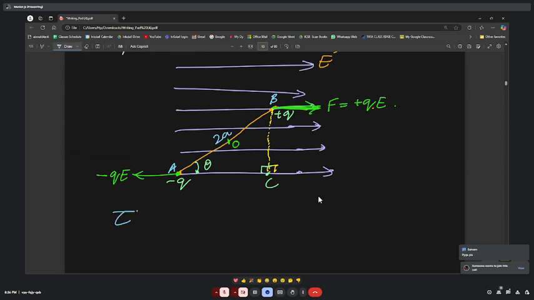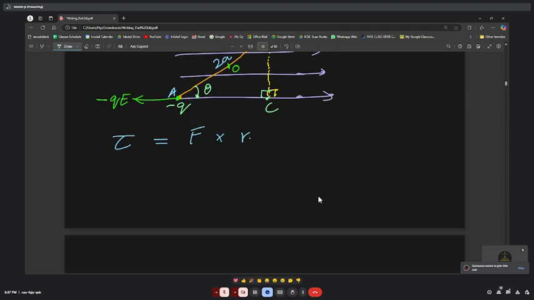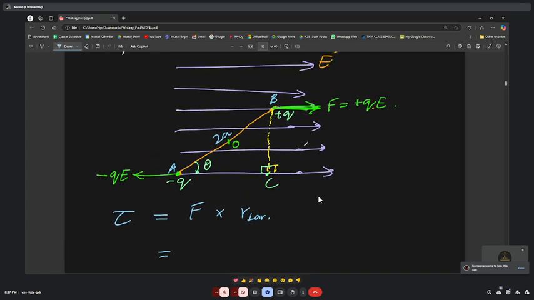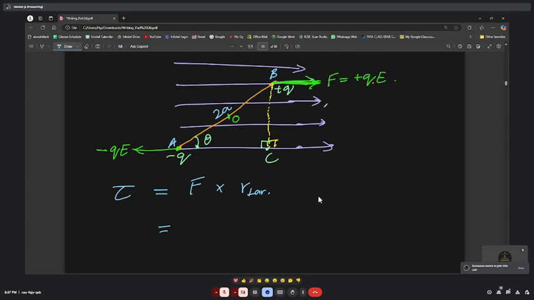Torque is given by the letter tau. So tau is equal to force multiplied by the perpendicular distance r, so F into r, where r is the perpendicular distance. Let's go and substitute. F is nothing but the force, given by the formula q into E. Let's substitute that.